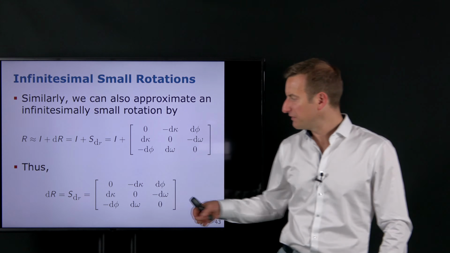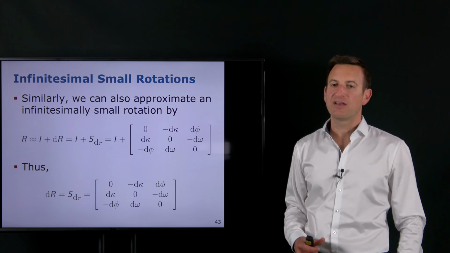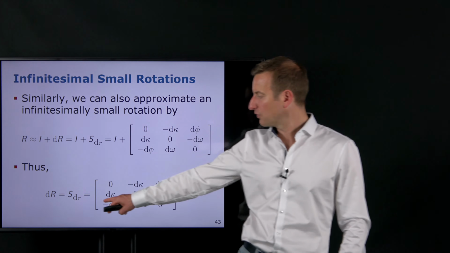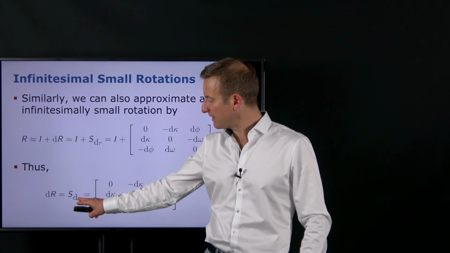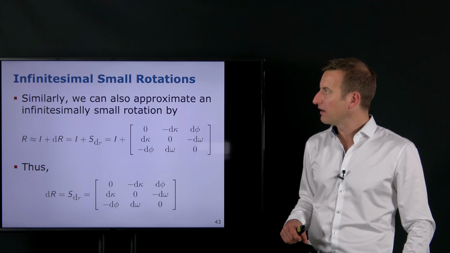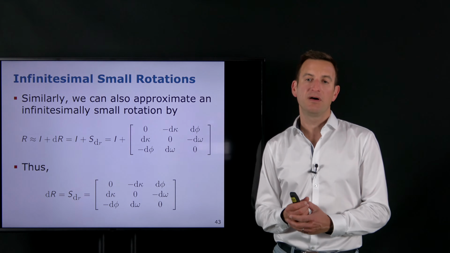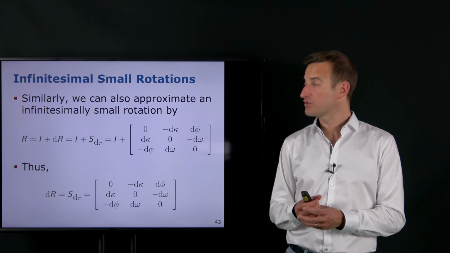So an infinitesimally small rotation can actually be expressed through a skew-symmetric matrix. So I'm taking this matrix and need to add it to the identity matrix and then get an approximation. So it's not exact, it's an approximation of a rotation matrix for small rotations.